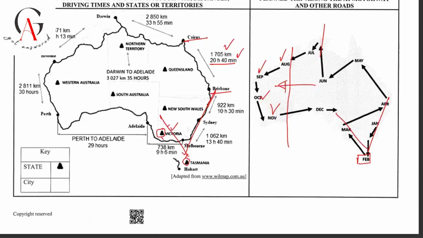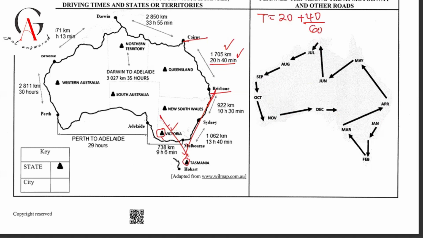I'll do it from here. So the time had to be 20. I need to change the 40 minutes to hours. I divide by 60. So 20 plus 40 over 60, I end up having 20.67.